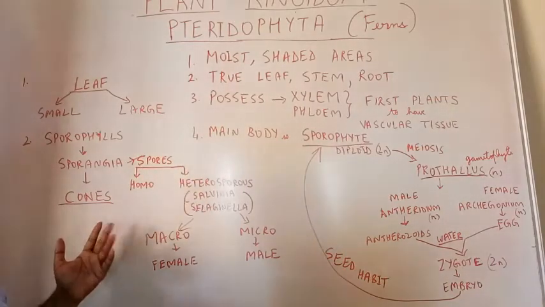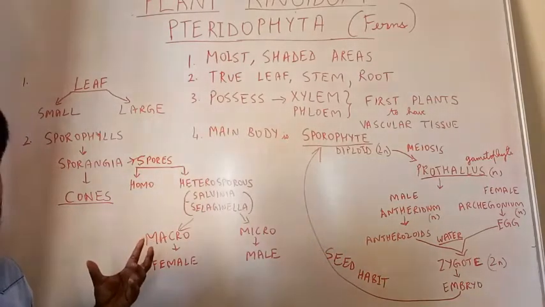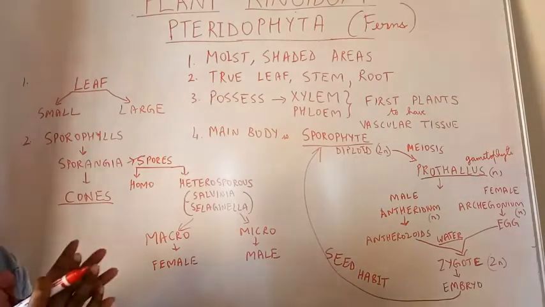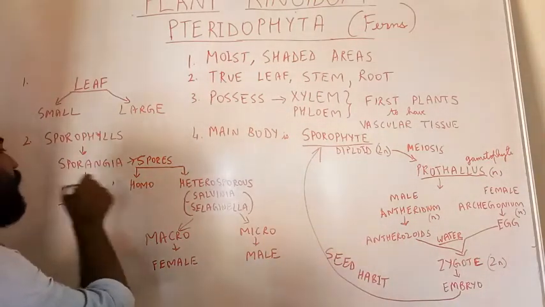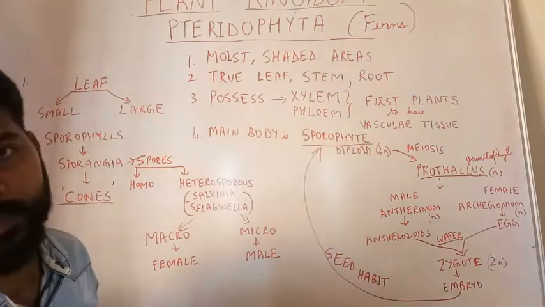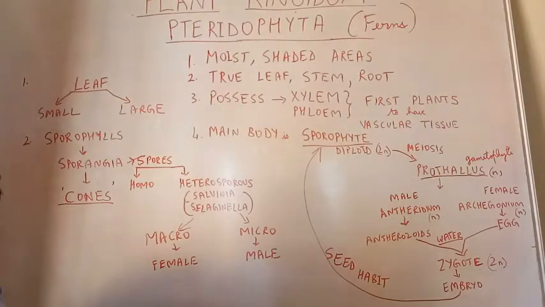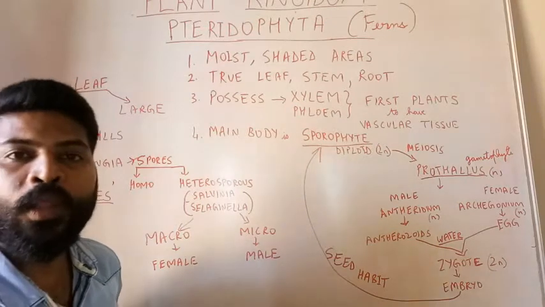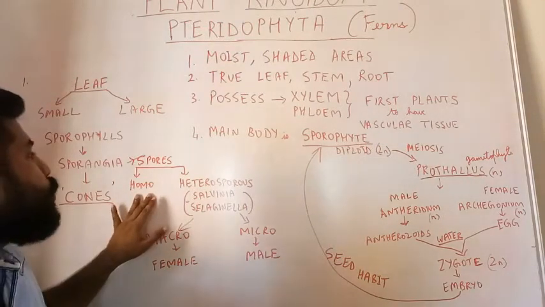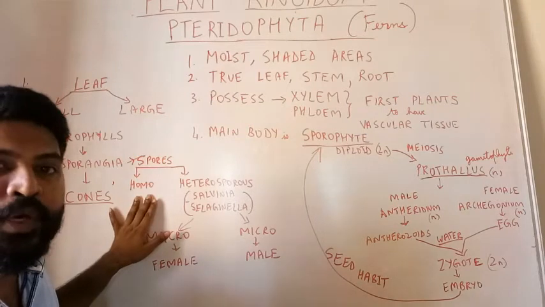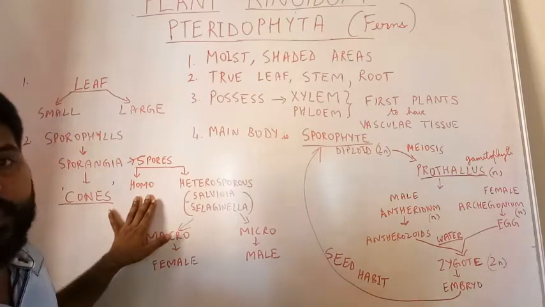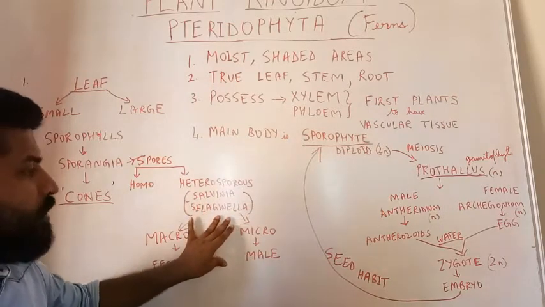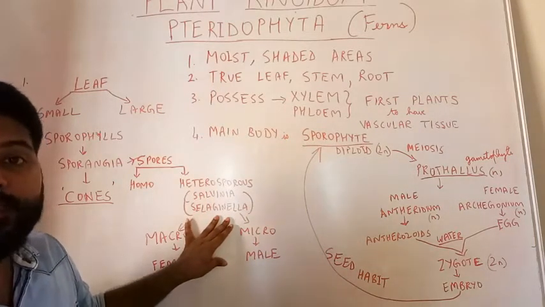In plants like Equisetum and Selaginella, the sporophylls will come together and form a compact structure called the cones, as you can see in the diagram, Equisetum and Selaginella. Now, in Pteridophytes, mostly all the plants are homosporous, meaning they produce only one type of spores, whereas Salvinia and Selaginella are heterosporous.